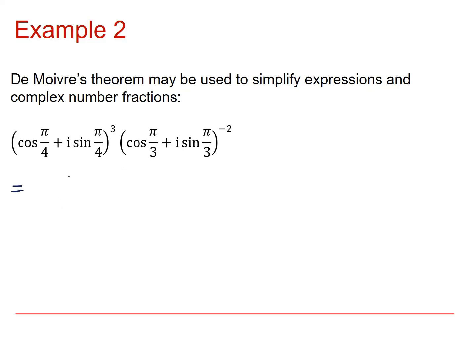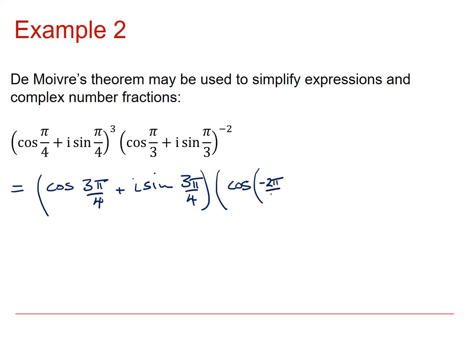And that's going to give me cos of 3 pi by 4 plus i sine 3 pi by 4, and that's going to be times cos of minus 2 pi by 3 plus i sine of minus 2 pi by 3.